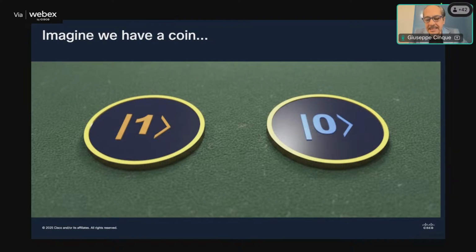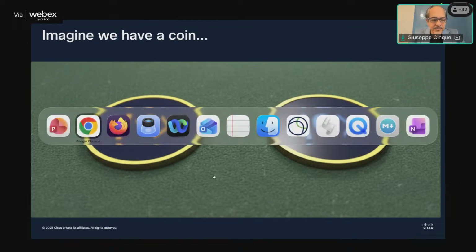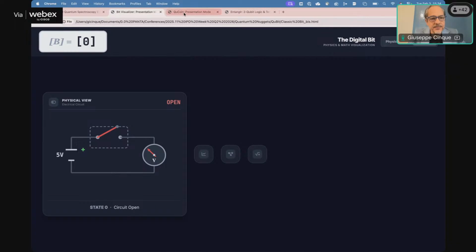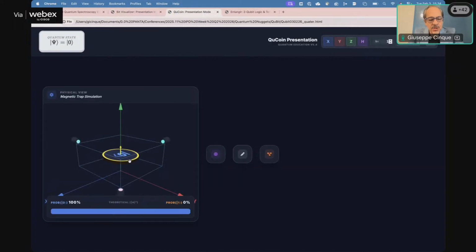For our mental image, let's think that we have this coin, and let's imagine for a moment that we make this coin so little, so small, that it becomes a quantum coin. What I mean is that we are able to suspend this coin with some electromagnetic system.